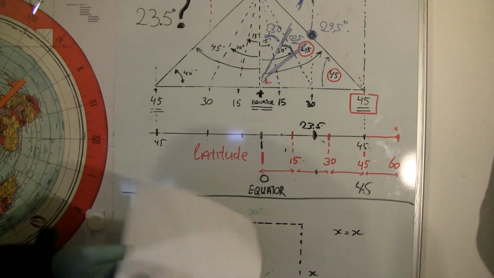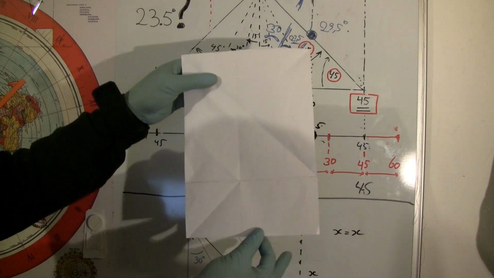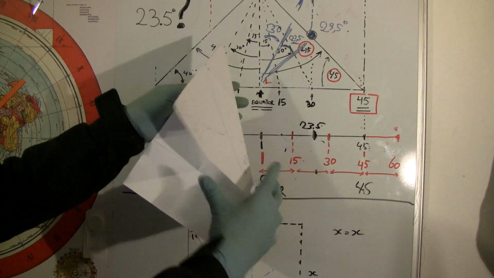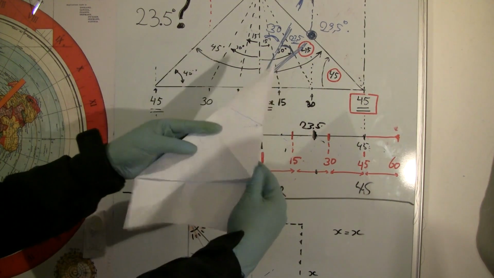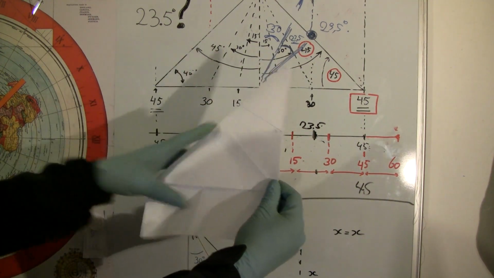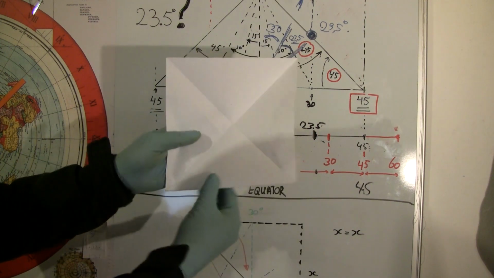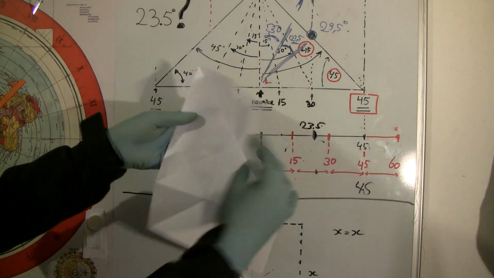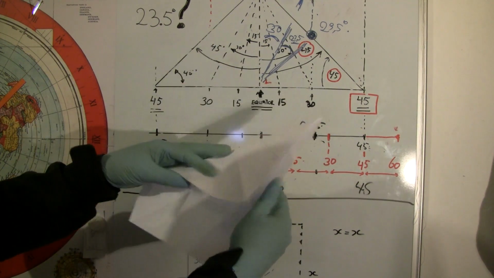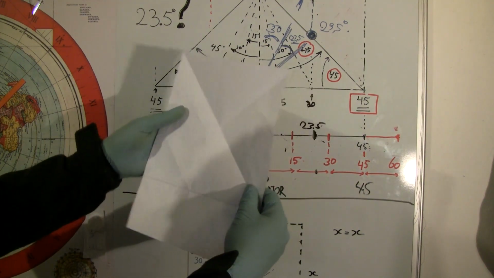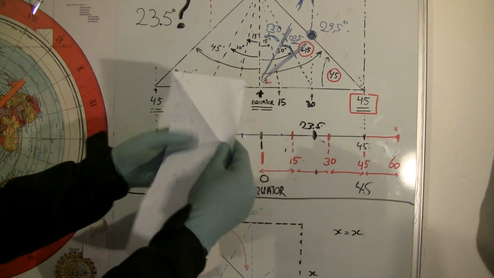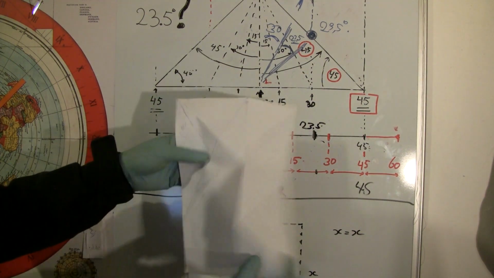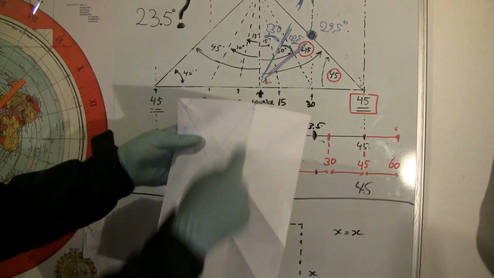This is a beautiful example. An A4 piece of paper, folded and makes a perfect square. This is a perfect square. Measure the 30 degree line.